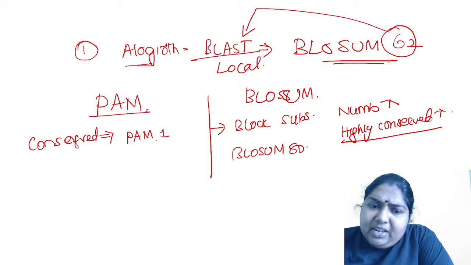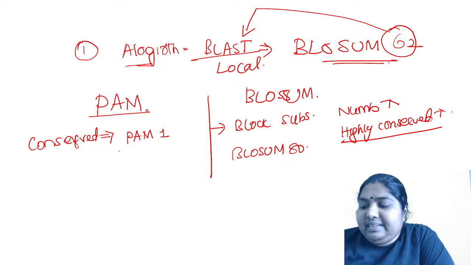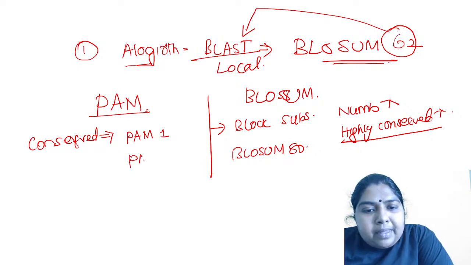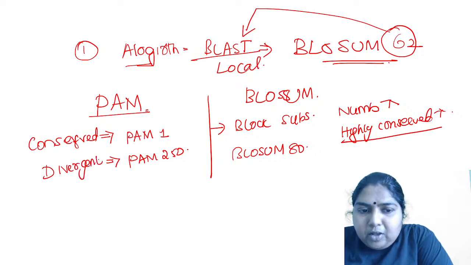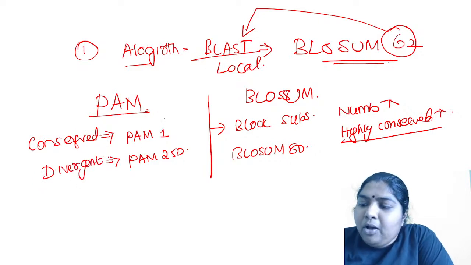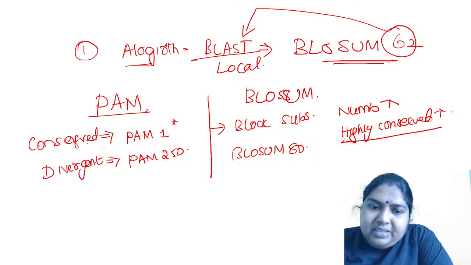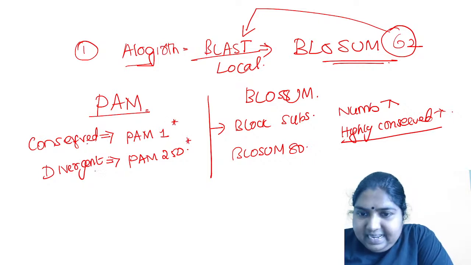Less mutated. Only one mutation, it is going to be conserved. If I say I have 250 mutations, can it be conserved? No, this is going to be divergent. Got the point? So in PAM, 1 is representing conserved, 250 is representing divergent.